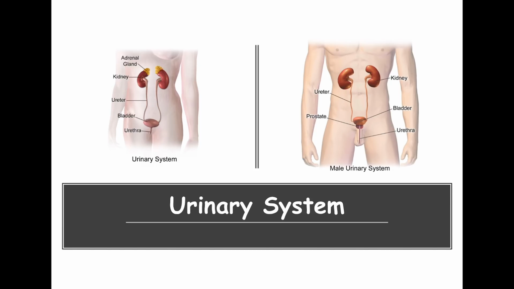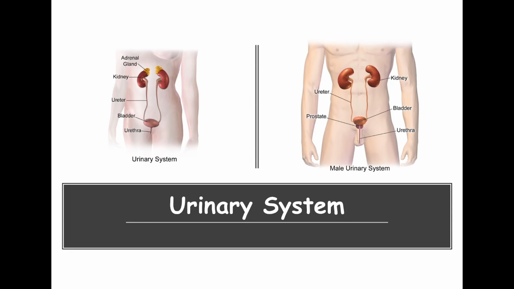They're both released from the urethra, but as you can see here, the female urethra is a lot shorter than the male urethra. Because of this, we do see females having a higher incidence of urinary tract infections compared to males, even though males can get them too.